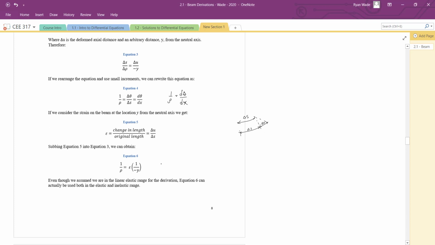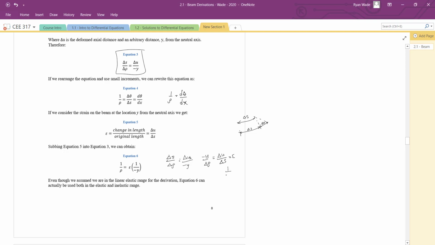So we sub that back into this equation up here, equation 3, and we get delta s over delta rho is equal to delta u over negative y. Or sorry, we can sub it back into that equation. We rearrange it so we get negative y over delta rho is equal to delta u over delta s, and then we can sub in strain.